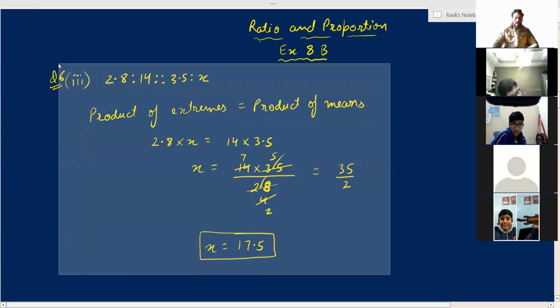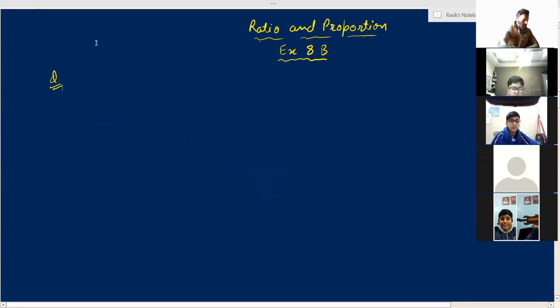Okay, let's start with question number 7. If 36, 54 and x are in continued proportion, then these three numbers 36, 54 and x are in continued proportion.